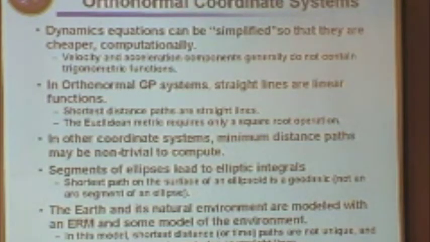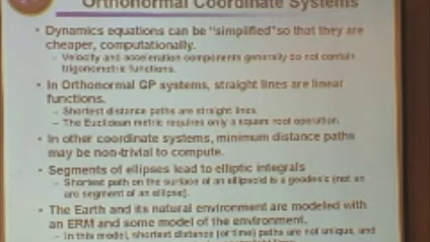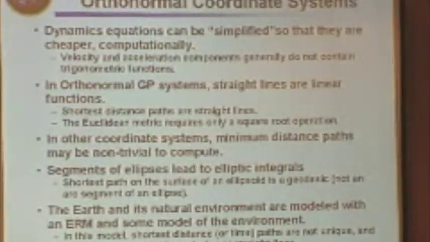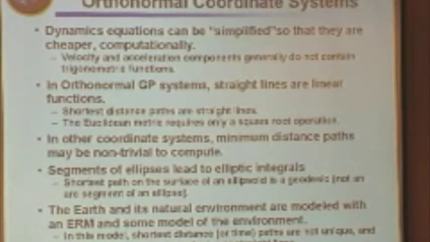The Earth and its natural environment are modeled with an Earth reference model and some model of the environment. When you put the environment on top of your Earth model, what's the minimum path between here and Seattle? Minimum time path?